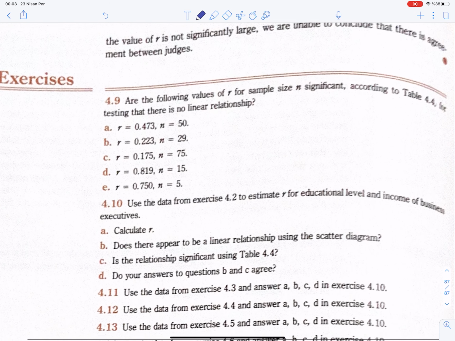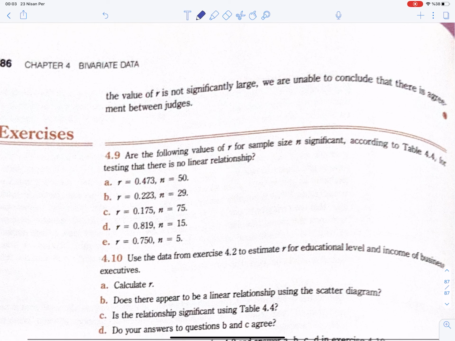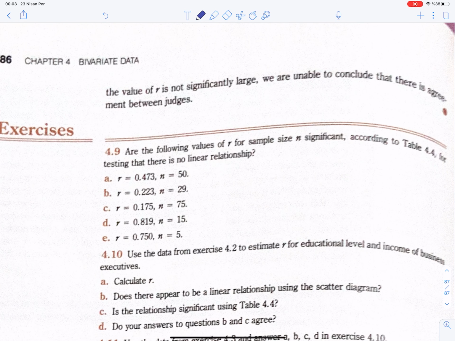The first one is, are the following values of R for sample size n significant according to table 4.4, testing that there's no linear relationship. As I told you, if the sample size is too small, even if the correlation coefficient is very close to zero, we don't conclude that there is no correlation. We will conclude that x is affecting y, and this is clearly observed from this calculation.